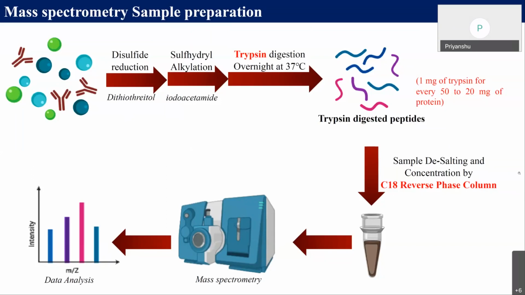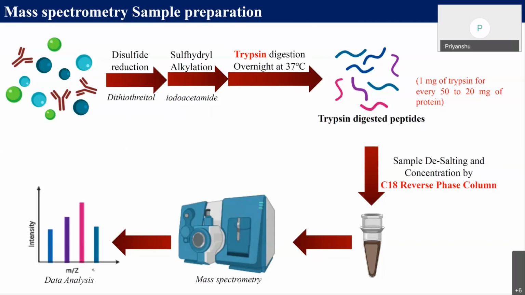This is a kind of column which is used to concentrate these peptides only and remove all the salts from the co-IP buffers. After that, we go for mass spectrometry, and then we get the analysis, the reading, in the form of a data sheet.